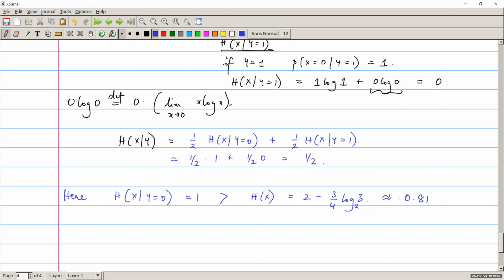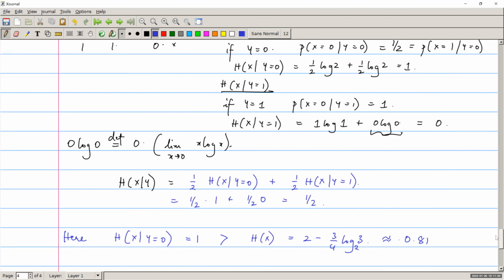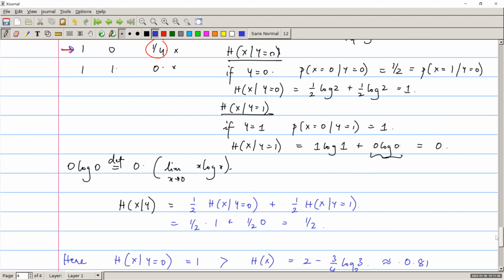But on an average, observing y always reduces the uncertainty in x. See it this way: when y equals 0, we actually increase the uncertainty in x. If we observe that y equals 0, in the next step, observing x gives us 1 bit of information.